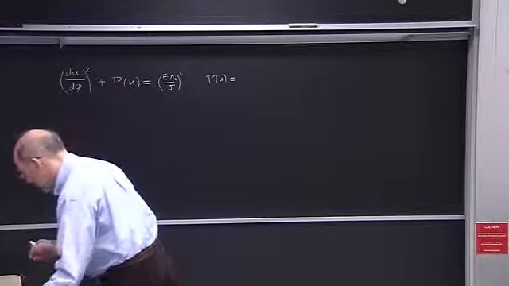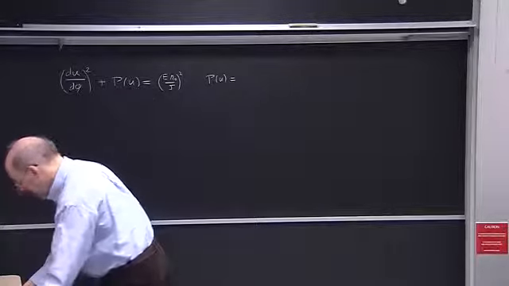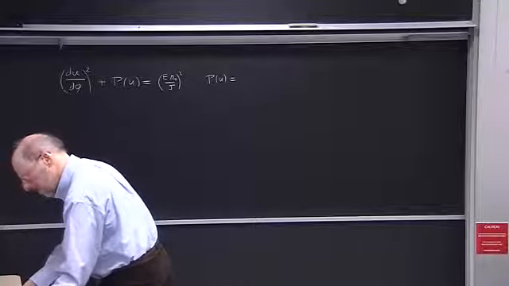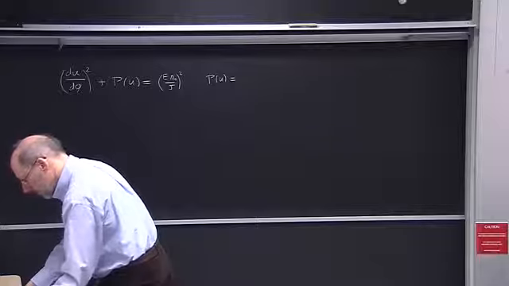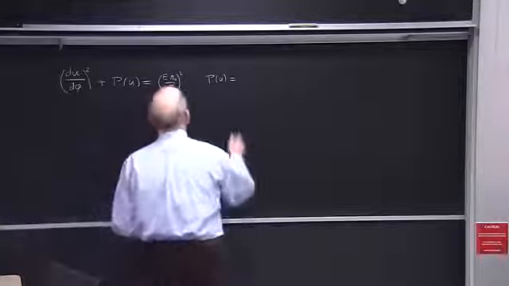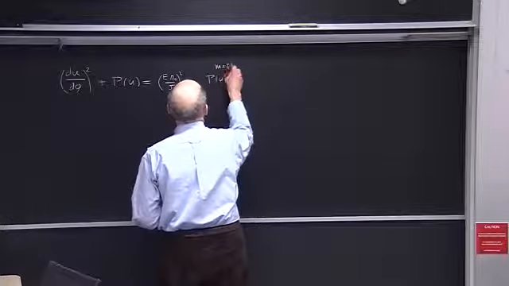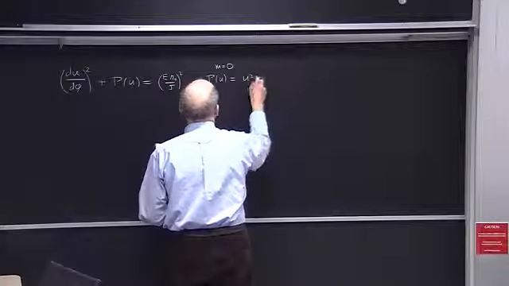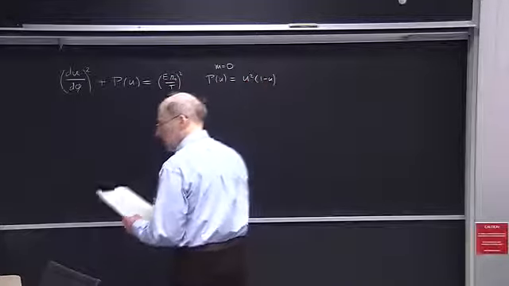The full expression. Oh, we already found this before. So in the massless case, I don't have to rederive it. In the massless case, we found that p of u was equal to u squared over 1 minus u.